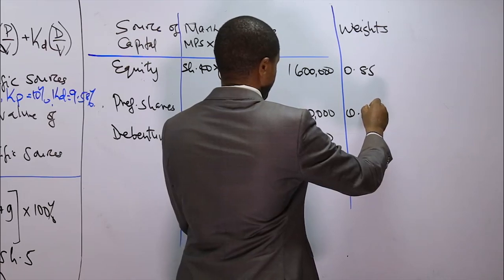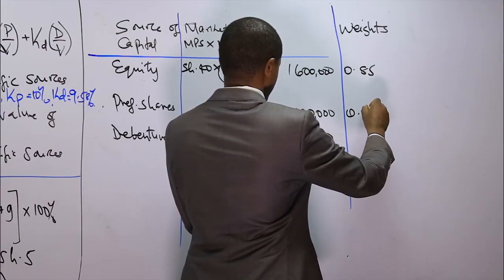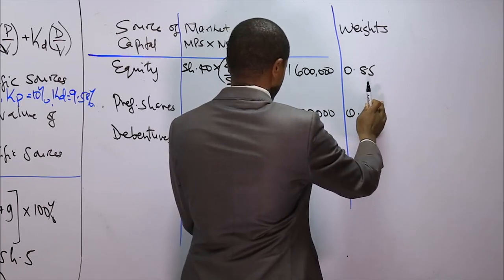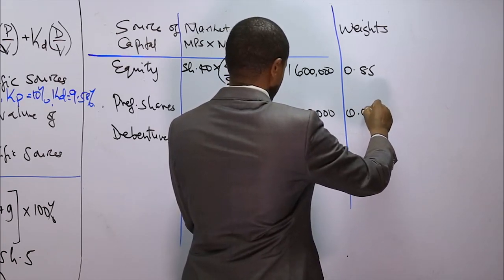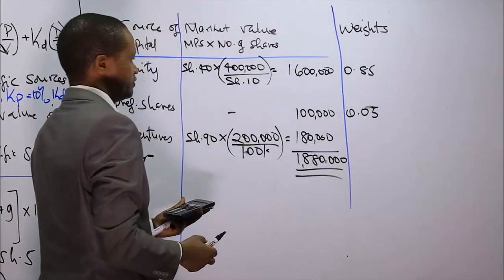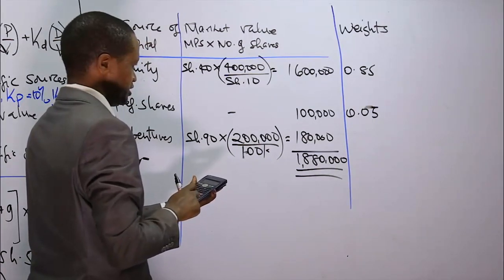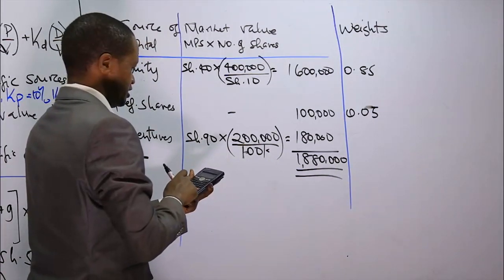0.05. Then lastly, 180,000 divided by 1,880,000.